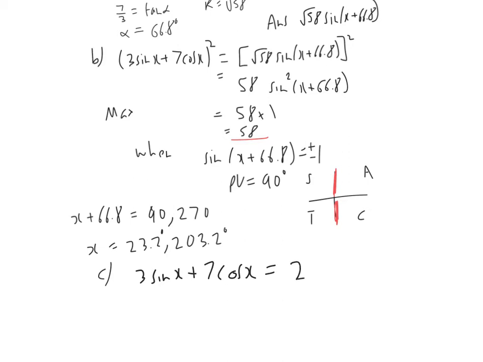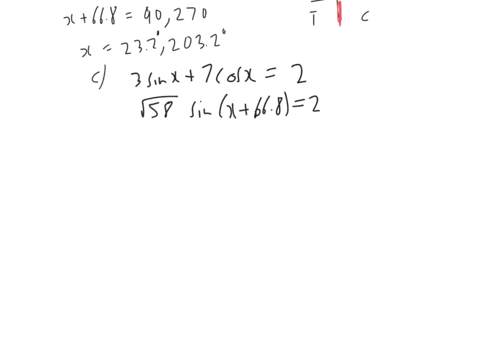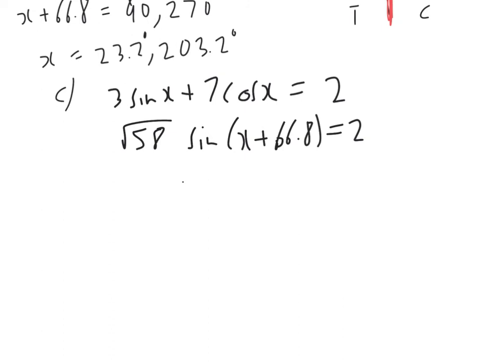We know we can rewrite that: 3 sin x plus 7 cos x is the square root of 58 times sin(x plus 66.8), and that equals 2. So rearrange that, and you get that sin(x plus 66.8) is equal to 2 over the square root of 58.